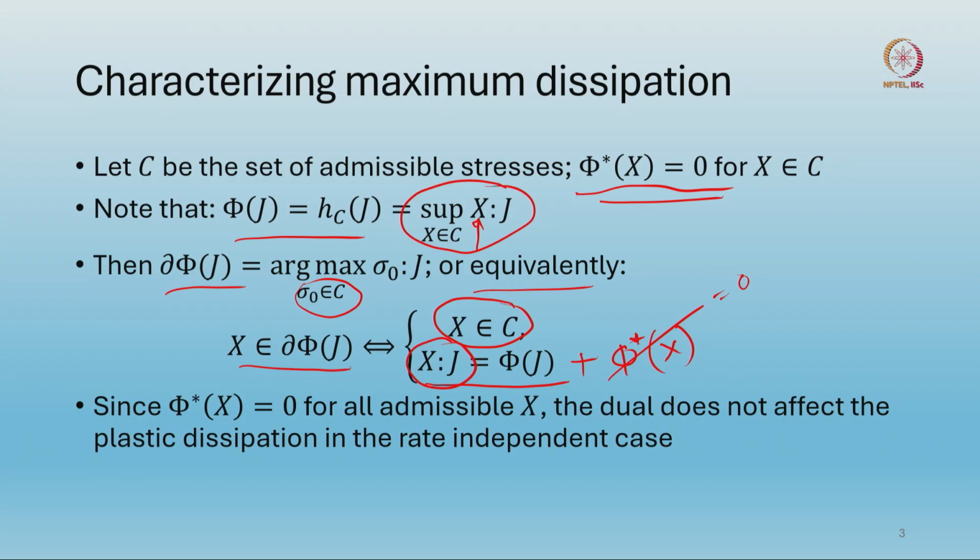This means that when x belongs to del phi j, that is, when things are smooth, phi is smooth, and the stress is found by taking the gradient of phi, then that particular stress must maximize the plastic dissipation, such that the plastic dissipation so generated is exactly equal to the dissipation potential phi j.